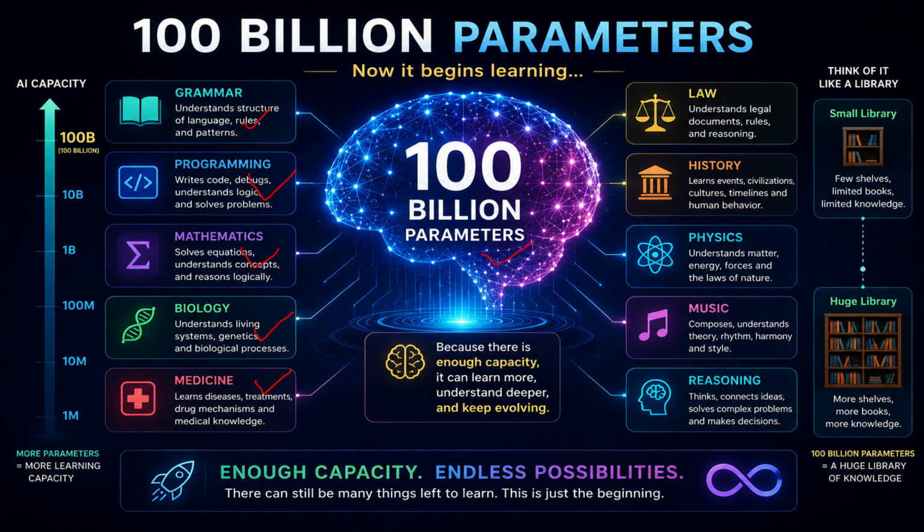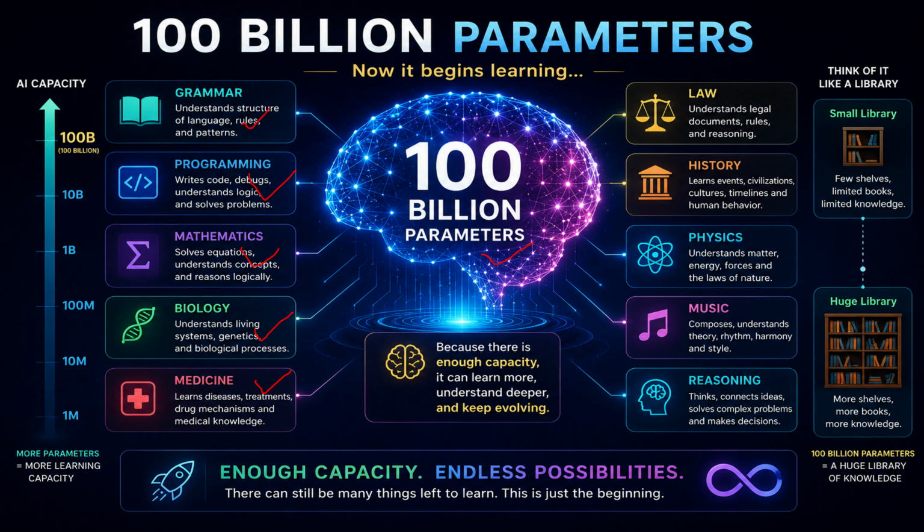Parameters represent a model's learning capacity, not its intelligence. As we increase the capacity and improve how models are trained, new capabilities may emerge. We don't yet know the ultimate limit of AI, which is why AI research continues to evolve.